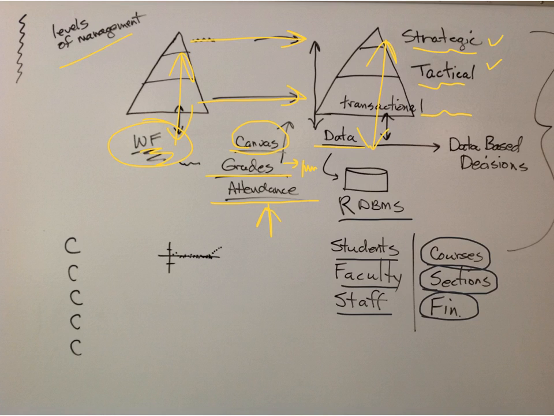So, what do we use the data for? Lots of things. So, we are going to move to the next slide. Before I do that, do you think about that? We have all these different entities at the college, things we need to keep track of.